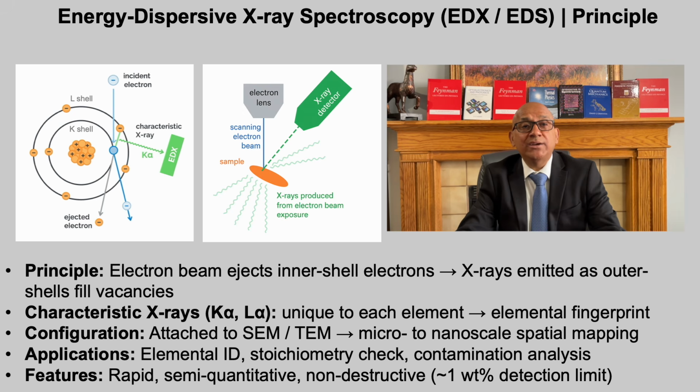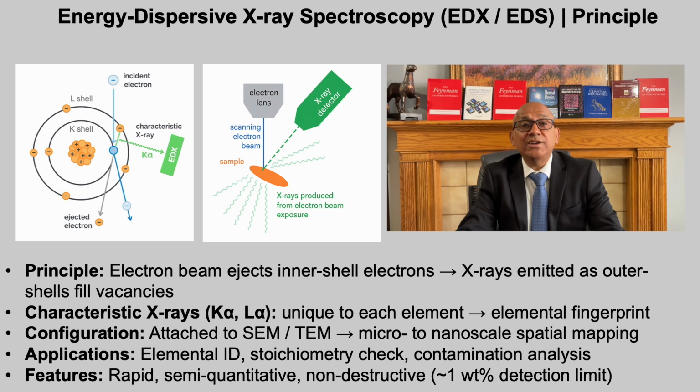Up to this point, we have discussed optical spectroscopies based on light-matter interaction. We now turn to electron beam-based spectroscopy for elemental analysis. Energy-dispersive X-ray spectroscopy, or EDX, is one of the most widely used tools for elemental analysis in electron microscopy.